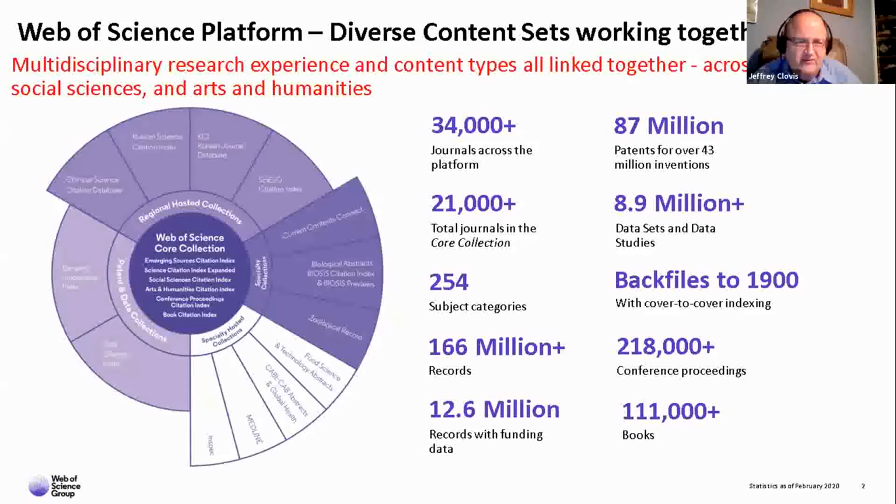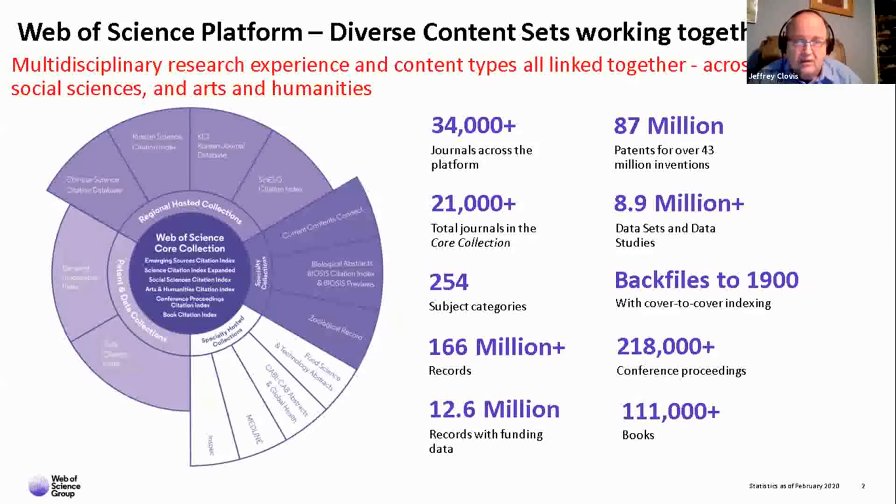Now, the platform itself, as I believe everyone probably knows, is comprised of many different multidisciplinary research resources and all content types linked together. We've just recently added a number of regional citation databases to the platform from different countries: the Russian Science Citation Database, SciELO from Latin America, the Korean Journal Database, as well as the Chinese Science Citation Database.